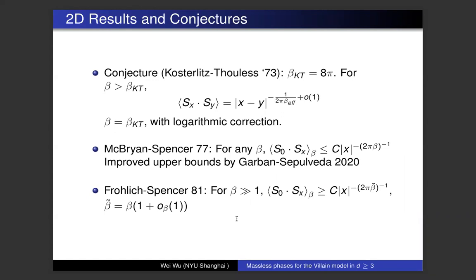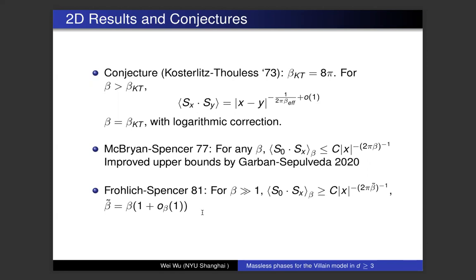Now, on the other side, there was this famous work by Froelich and Spencer, which uses an elaborate renormalization argument and shows that at very low temperature, you expect a lower bound with a different exponent. However, this different exponent, as beta goes to infinity, would get closer and closer to beta in this sense.